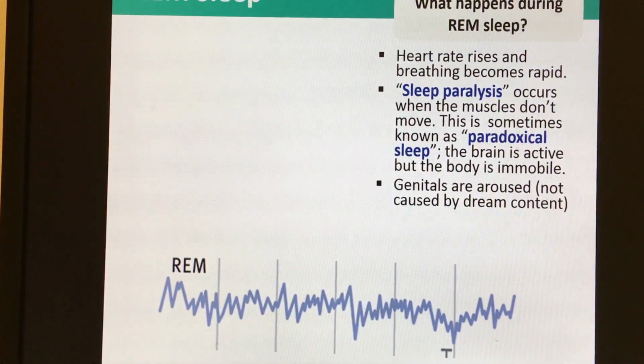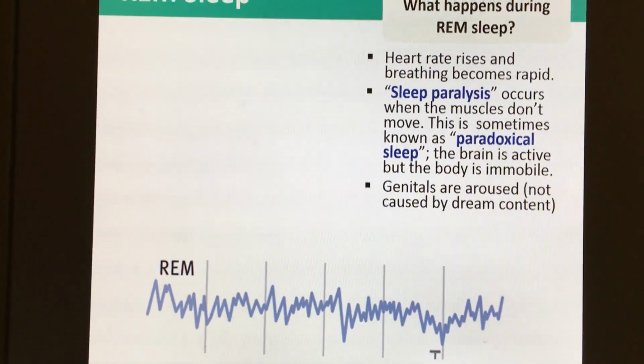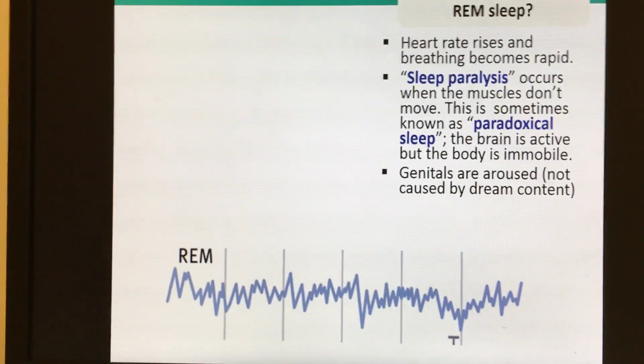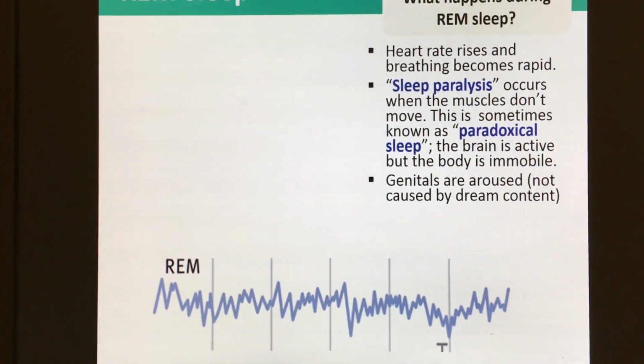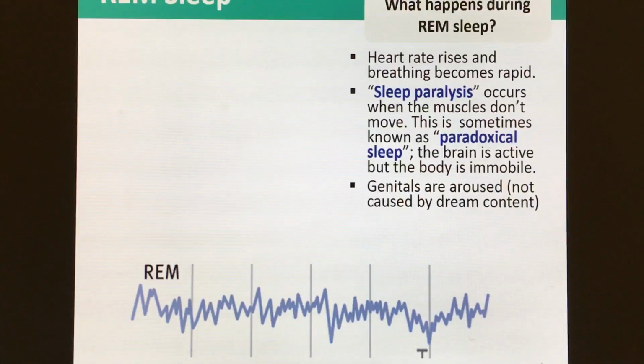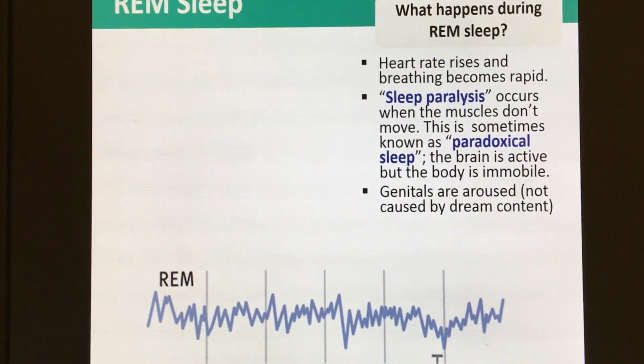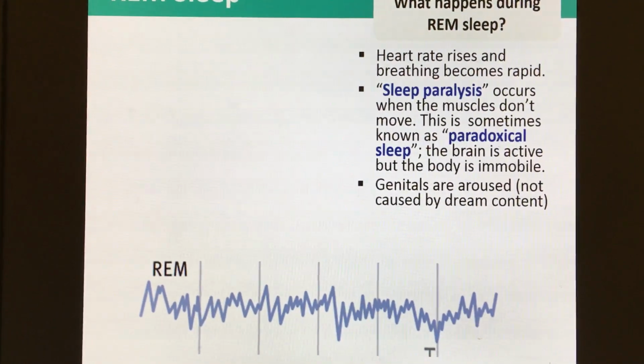And sleep paralysis is actually essential during REM sleep so that we don't act out our dreams and so that we just don't move and jump off the bed and things like that. And that is the paradox. So when we talk about REM being paradoxical sleep, it's the fact that the brain is very active and the body is paralyzed, okay?